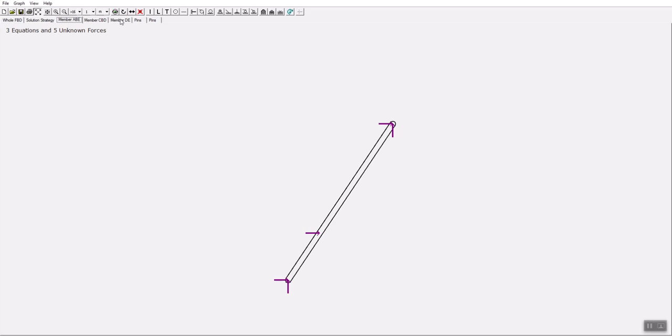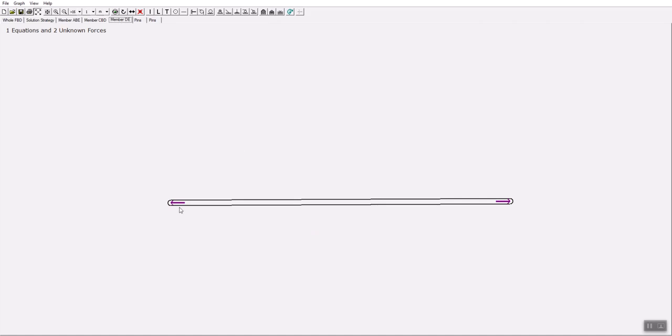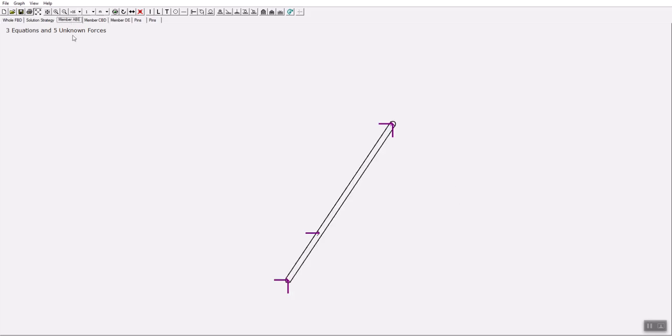Let's look at the member that we added, which is the horizontal member. It's a two-force member. It's connected to one arm, the left arm of the A, right here, and this end is connected to the right arm of the A, right here. Let's look at the left arm.